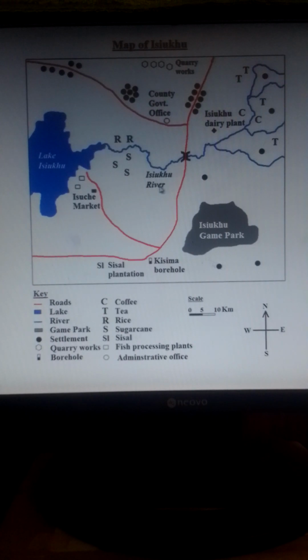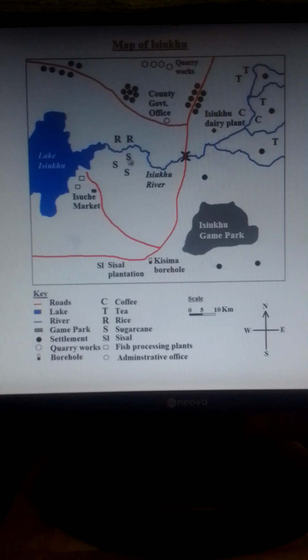Like in our map, we have this area where we have a rice irrigation scheme, because in our key we have ARI for rice. So there's rice grown around this area near this river. We also have this symbol S, which is sugar cane.